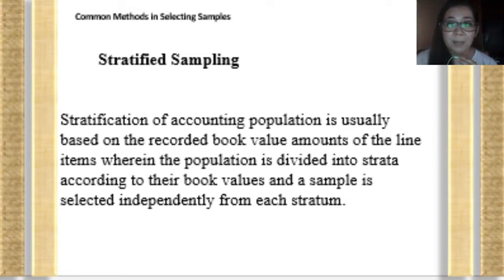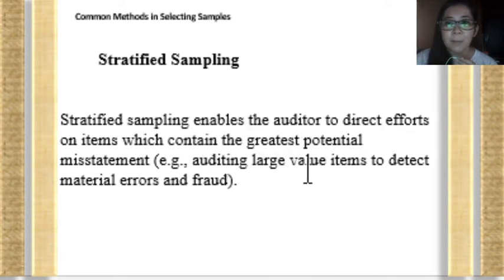Stratified sampling enables the auditor to direct efforts on the items which contain the greatest potential misstatement. For example, he will audit those which have large value items to detect material errors or fraud.